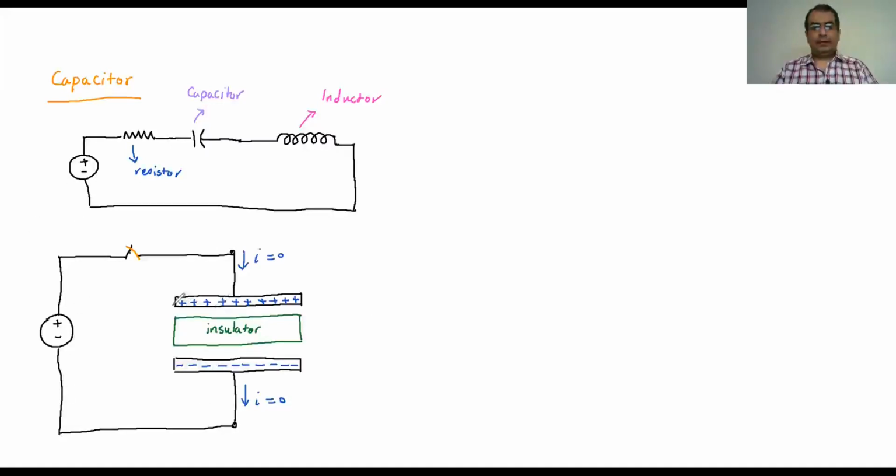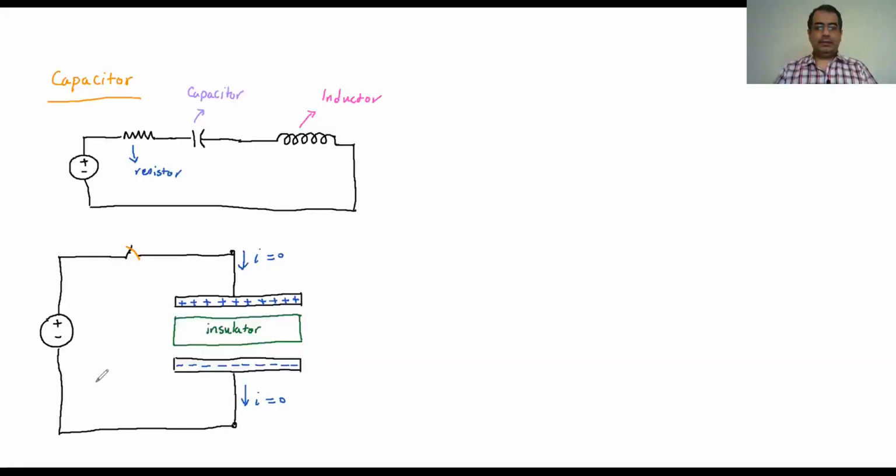But as time goes on, I'm going to build up all the positive charges here and all the negative charges here, and there's no more positive charges left on the other plate to push away. At that point, the current becomes zero.